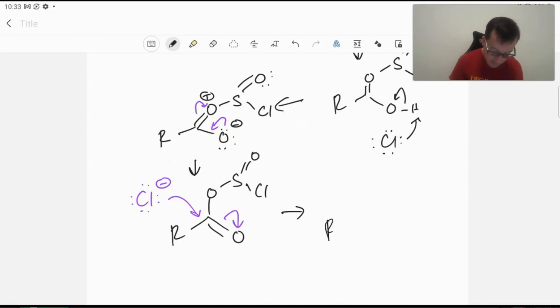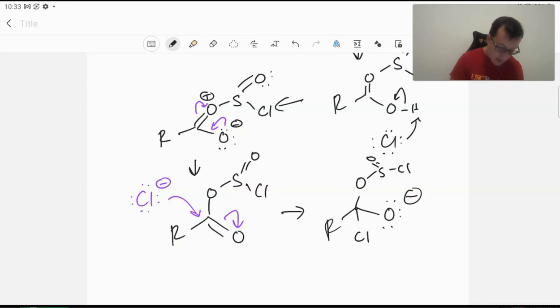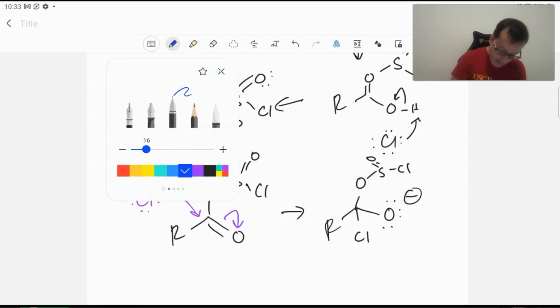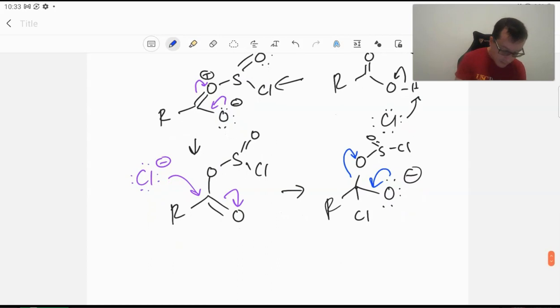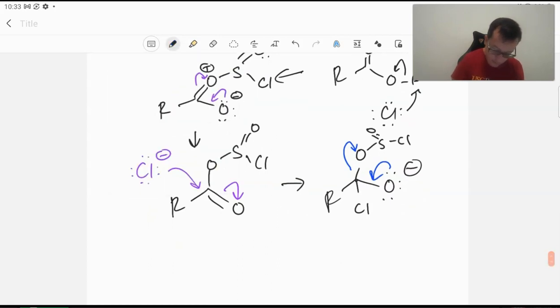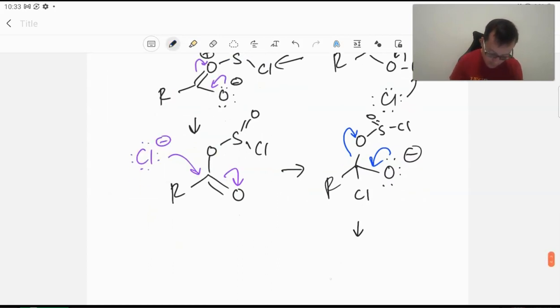And once we do that, we have another tetrahedral intermediate. And believe it or not, this sulfur business is actually a better leaving group than the chloride is. And finally, this thing closes down. And we end up losing that bit there. So we finally end up with, terribly drawn, hooray.